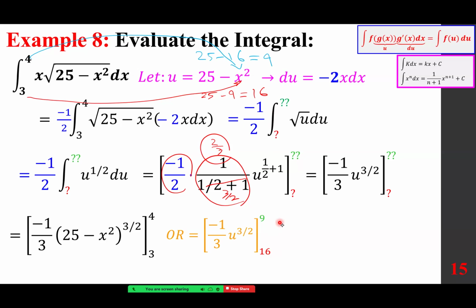We are going to evaluate this. To evaluate this, I'm going to put the negative 1/3 outside, everybody. It makes it easier. You can go this route if you want with 4 and 3. And then so we have 9 to the power of 3/2 minus 16 to the power of 3/2.